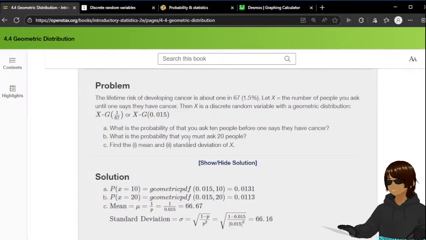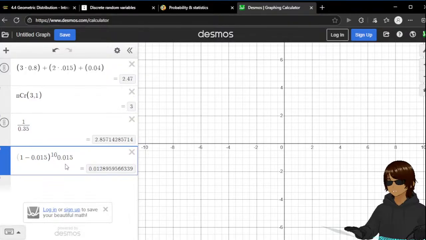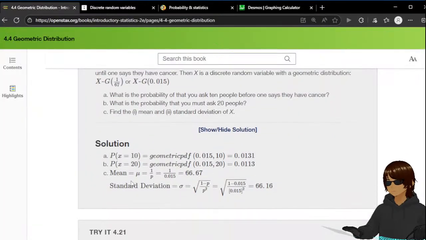What is the probability that you must ask 20 people? Okay, for 20 it makes sense. I have to ask 20 people, so 19 failures and 1 success, 0.113. Then the mean is 66.67.